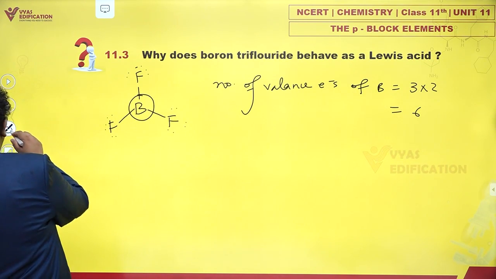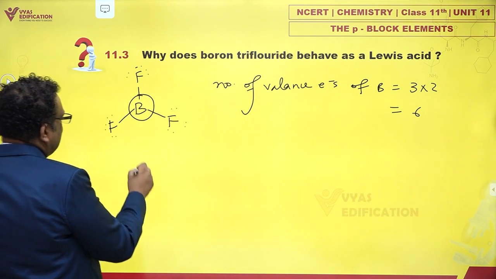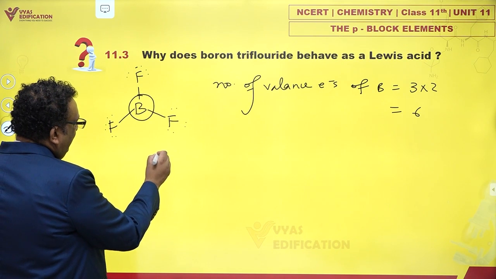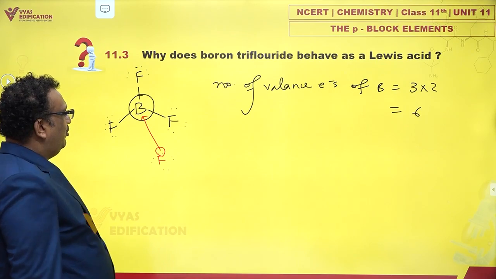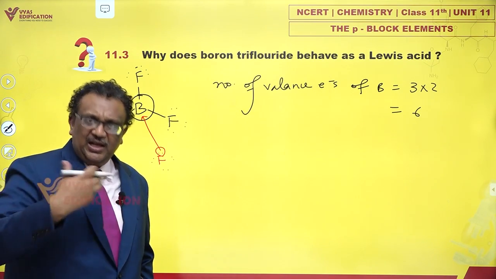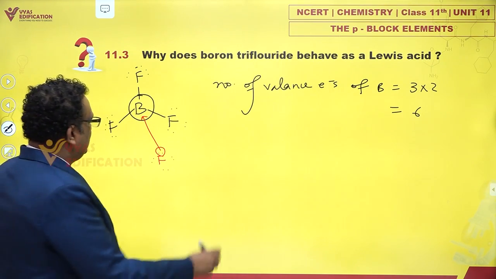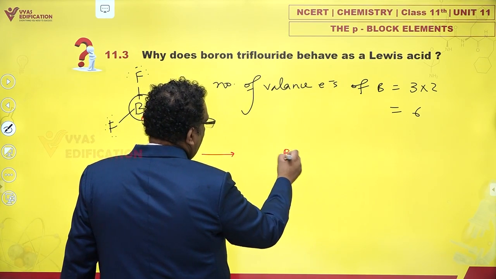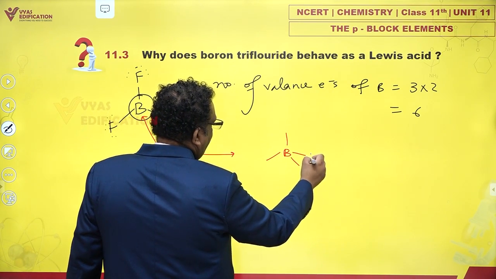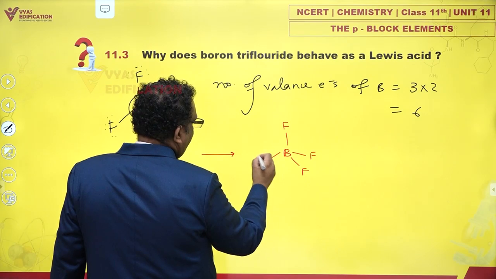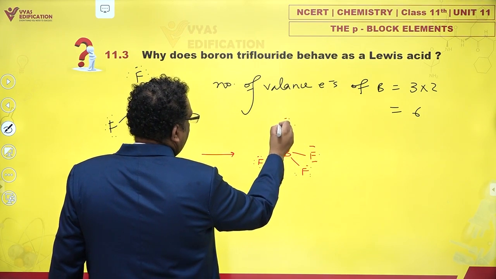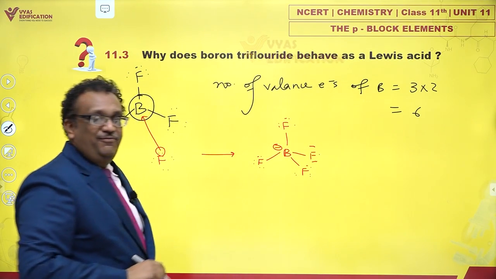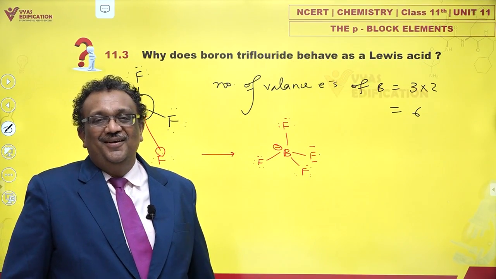And what happens, say, in case if there is any other species, like say if you have another F minus ion? This one says, okay, I'm donating 1 electron. Boron says, yes, please, I'll accept. And boron accepts. And what do you get? You get BF4 minus.